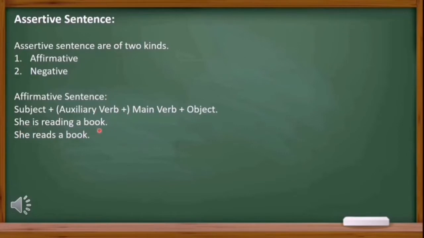First example, she is reading a book. Here you can see she is a subject, is the helping verb, reading is the main verb, and a book is object. And look at the second example, she reads a book. Here she is subject, reads is the main verb, a book is object.